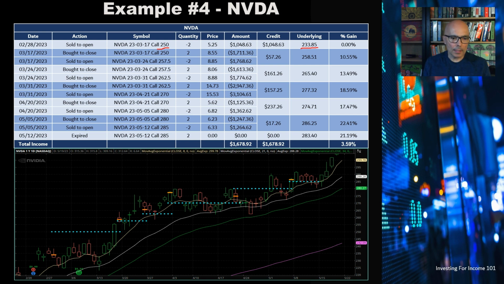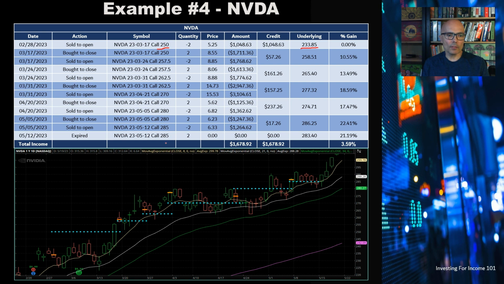At this point, NVIDIA was trading very close to the strike price, but still above it. Even if it's at the money, I don't want to wait till the very last minute. It's too risky. So I decided to roll it one more time, and NVIDIA was still higher than my strike price. So I did another week, and this time NVIDIA closed that Friday below my strike price.